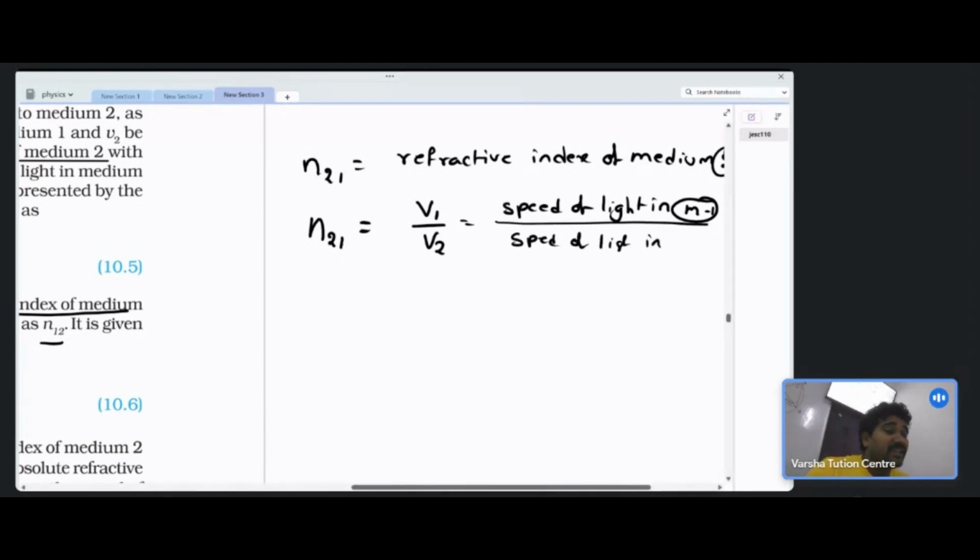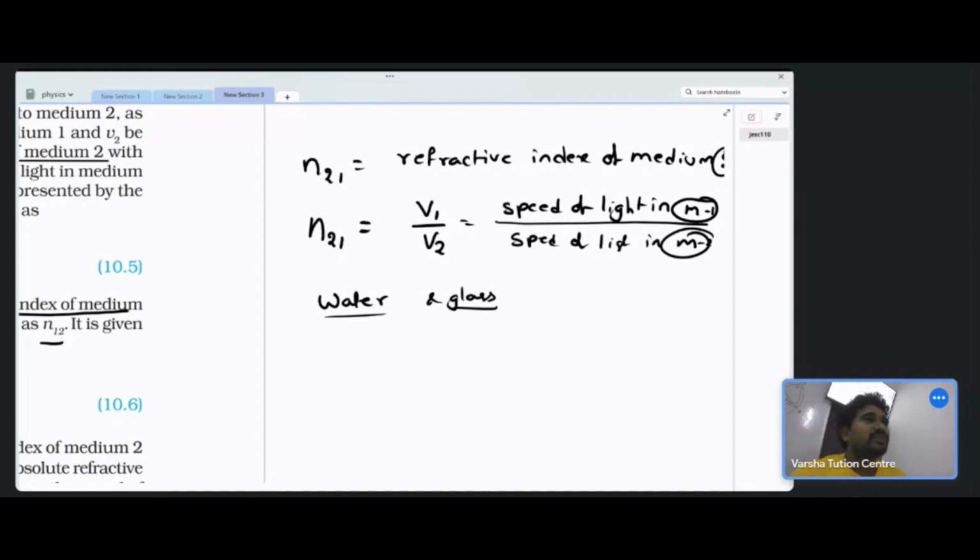Sir, nowhere will they ask this way. They will put some medium names. For example, water and glass I am taking. What is the refractive index of water with respect to glass?